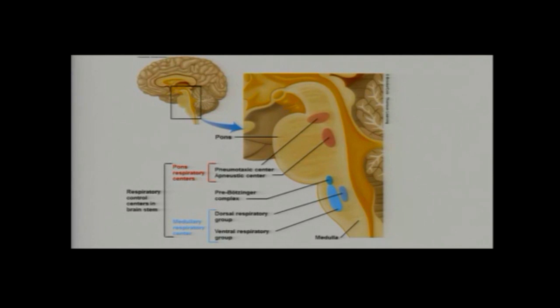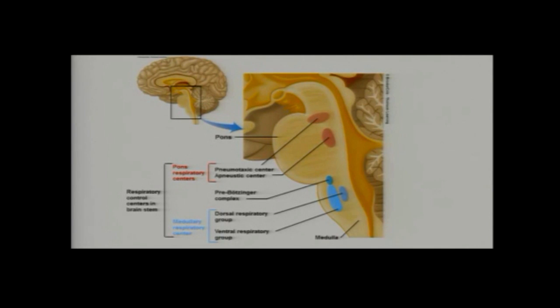The pre-Botzinger complex for restful breathing is triggering the DRG, the dorsal group, and then the dorsal group is rhythmically stimulating those muscles. Okay, so you start with the pre-Botzinger complex, then the DRG, and then the DRG stimulates the muscles.